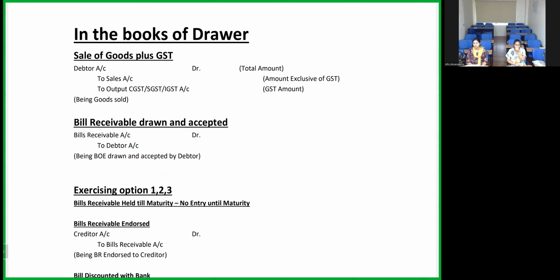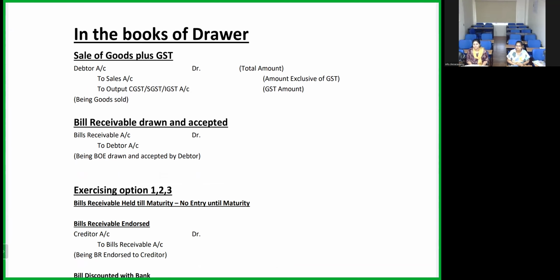So what happens is my debtor becomes my bills receivable. In the first entry, I have debited debtor account. Now I'm crediting and closing my debtor account and I'm debiting bills receivable. I'm opening a new account, bills receivable account. So bills receivable to debtor account. Okay. Any doubt?